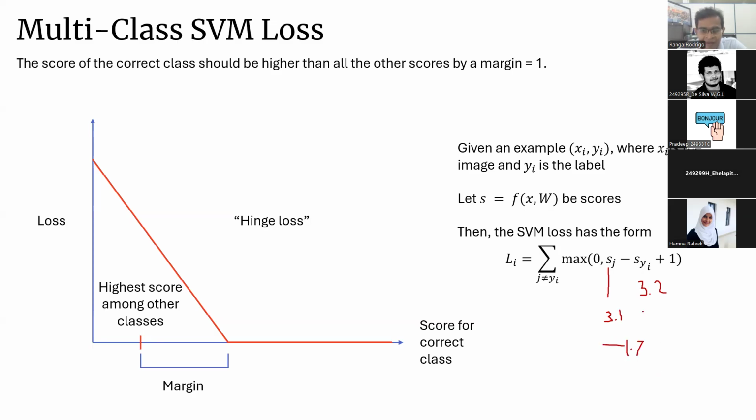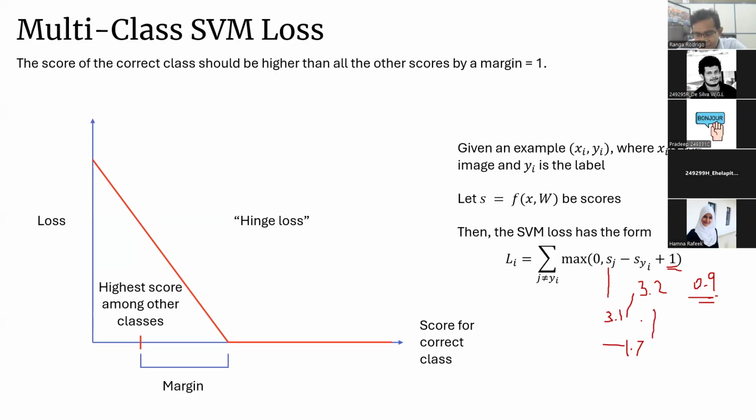Now take this for example: 3.1 minus 3.2 is minus 0.1. But that is not okay because there is this plus 1. Minus 0.1 plus 1 is 0.9. You get 0.9 there. So you can see the maximum value between 0 and 0.9 is 0.9.